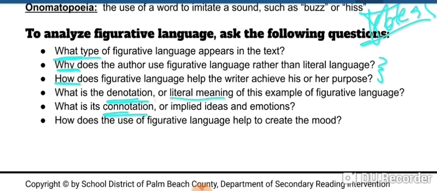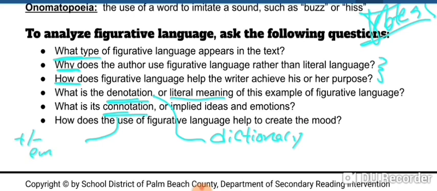Like it says here, this is the literal meaning. So this is what it would say in the dictionary. Okay, connotation is kind of an added emotional weight that goes with it. Okay, it could be positive or negative. Negative emotional weight. Okay.